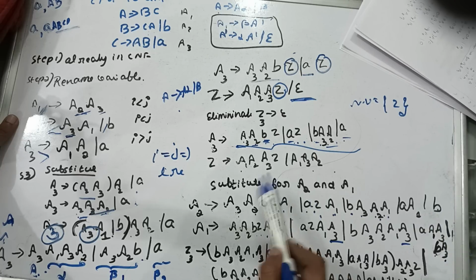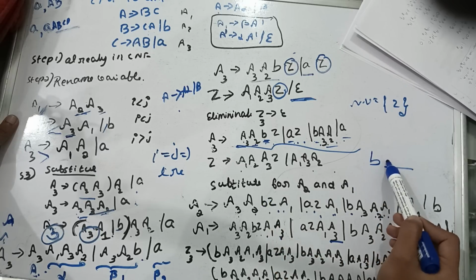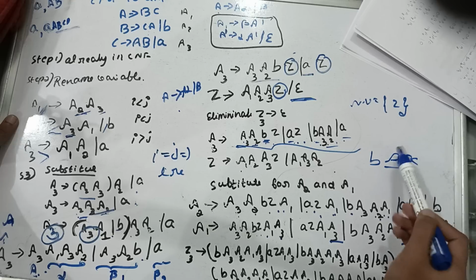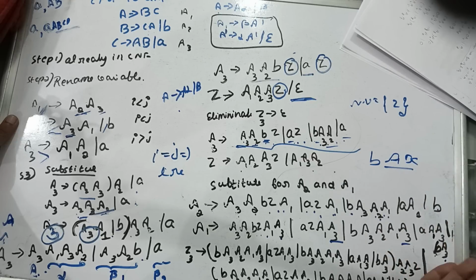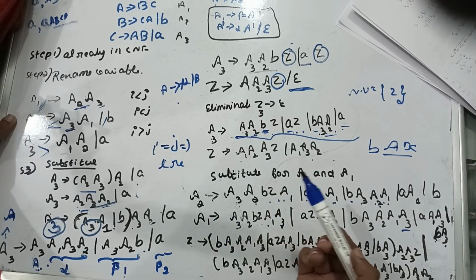Okay. Now you can check it is in the form of one small letter followed by some capital letters. There is no limit, it can have 2, 3 or any number. Next, this is Z. Okay, the Z has still not come to GNF format.